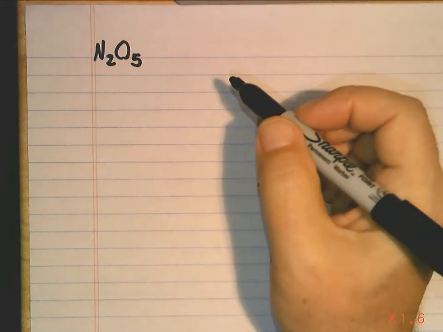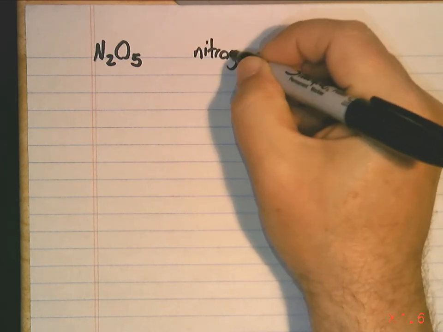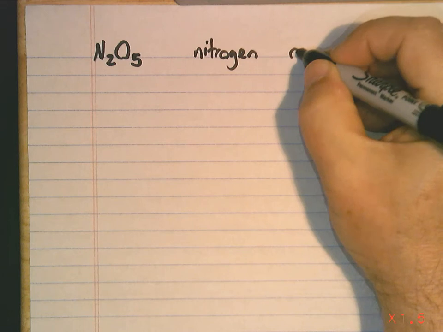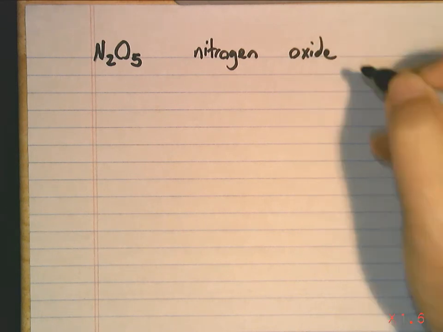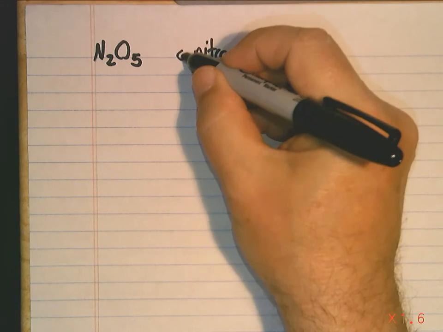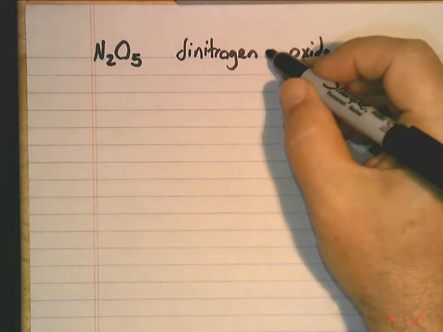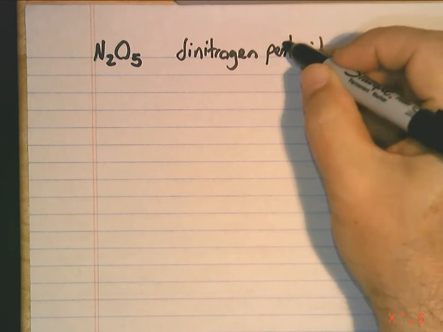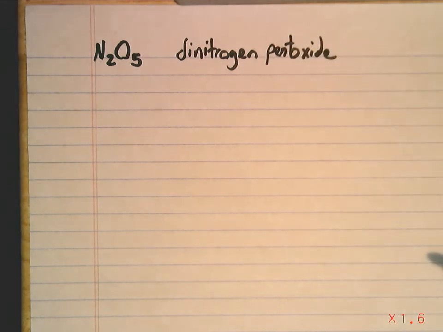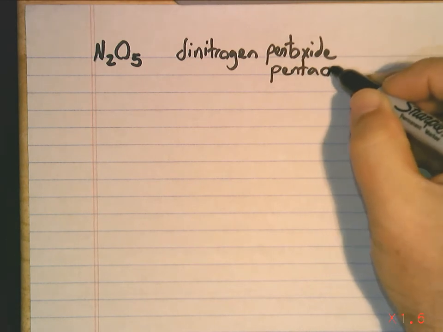This is called, okay, we see a nitrogen and an oxygen in there, so it's going to be some nitrogen oxide, and now let's put the prefixes on. There's 2 nitrogens, so I'm going to say dinitrogen, and there's 5 oxygens, so I'm going to say pent. Now you can say pentoxide, or you can say pentaoxide.